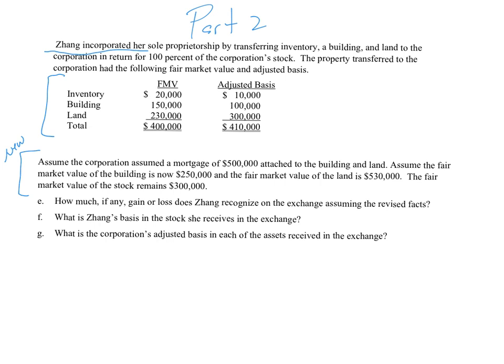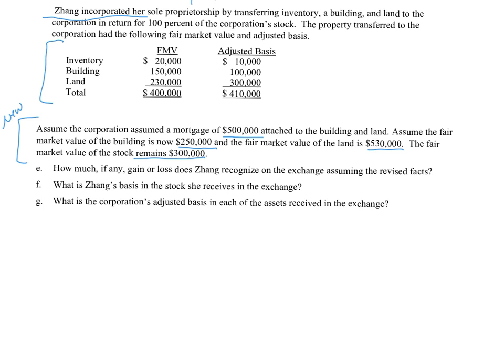Well, we've got a mortgage of $500,000 attached to the building and land, and we're going to change the fair market value of the building and the fair market value of the land, and the fair market value of the stock remains at $300,000. So first thing I'm going to do is rewrite this little chart so that we have things organized.